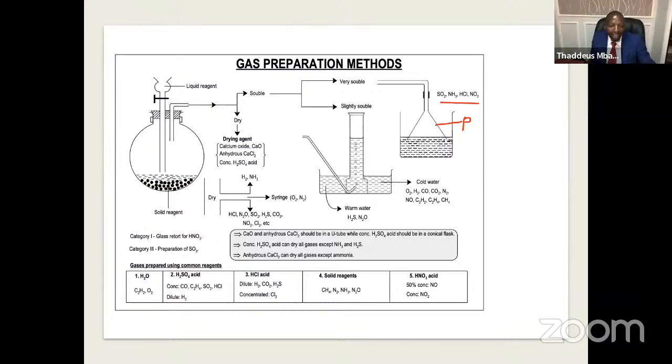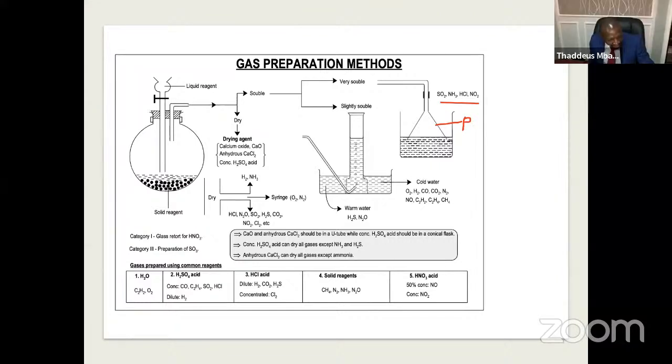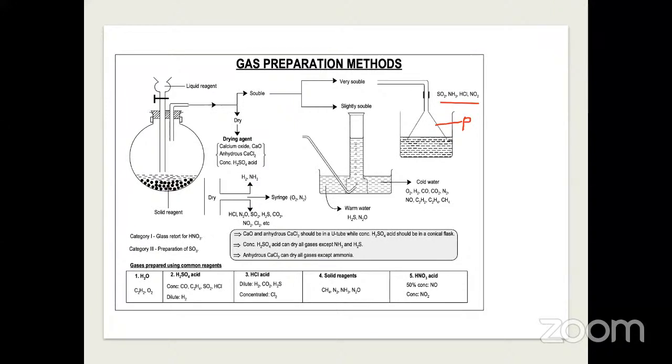Then the other component of air is carbon dioxide, which is 0.03 over 100 times the mass of carbon dioxide, which is 44. You get 0.0132.